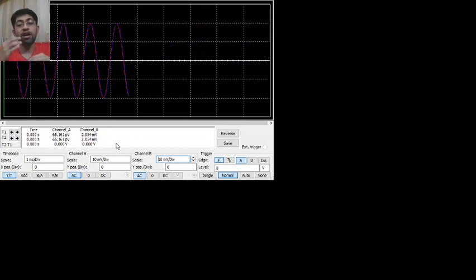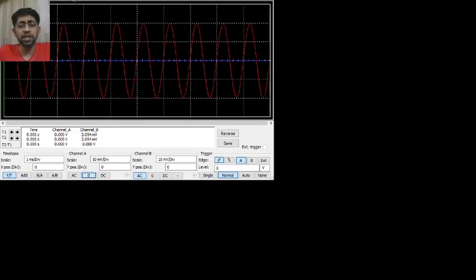But here we are interested in measuring the peak to peak of the output voltage. So let me temporarily turn the input signal off. Only the red one will be available, and let us measure the peak to peak of this output signal for the input of 40 millivolt peak to peak.